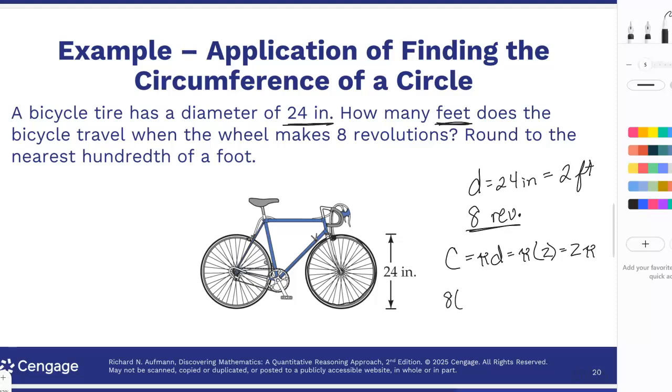So it's going to be 2 pi plus 2 pi plus 2 pi 8 times, or 8 times 2 pi, which would be a total of 16 pi. And if I were to type that in my calculator, 16 pi is approximately 50.27 feet. So I would travel about a little over 50 feet in 8 revolutions.